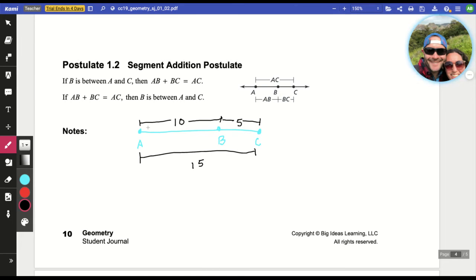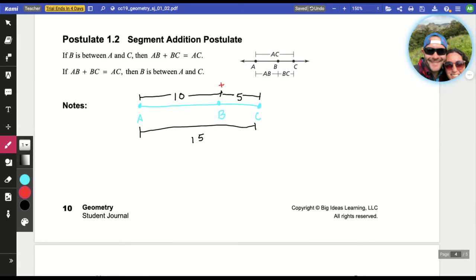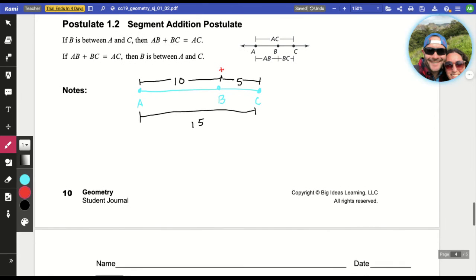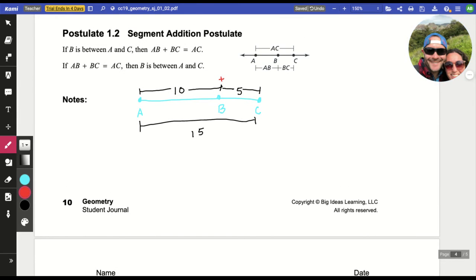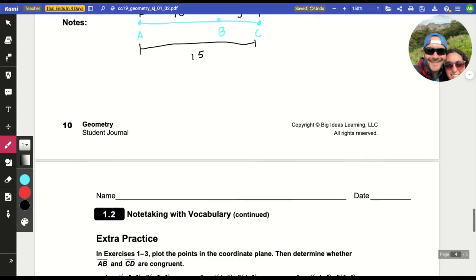Segment addition: you just add 10 plus 5, you get the whole thing. AB plus BC is the whole thing, 15. So just add those two together, and bam, you got the whole bit. So 10 plus 5 is 15. That is what you need to know. I don't really care if you remember it's called the segment addition postulate, but you just need to understand that you can add those together.